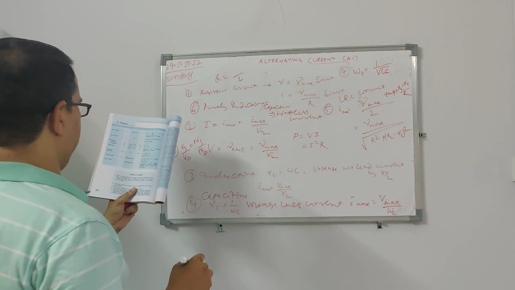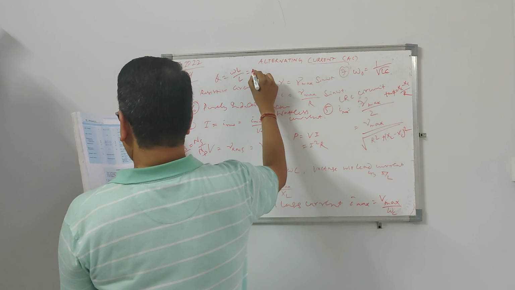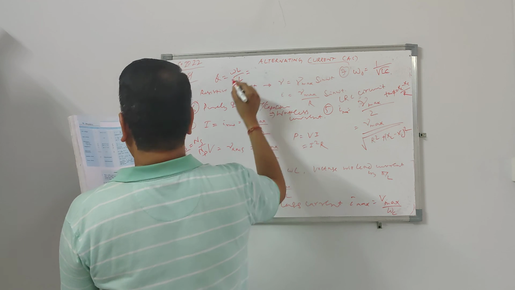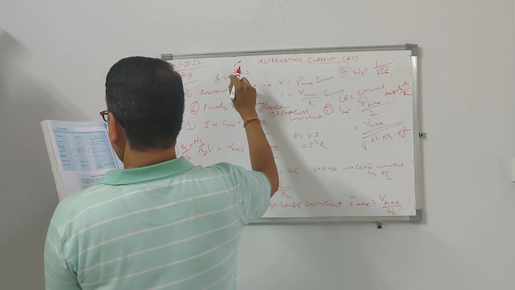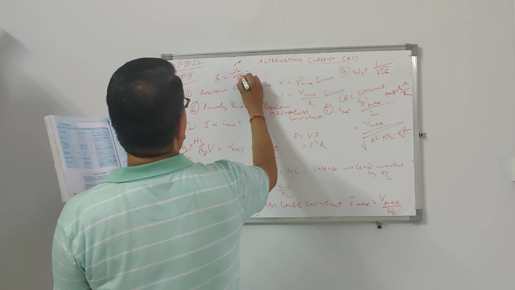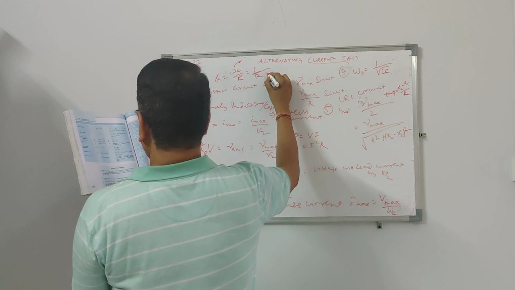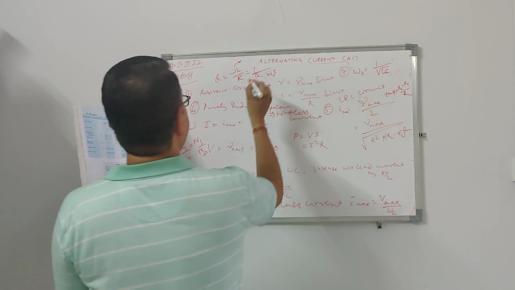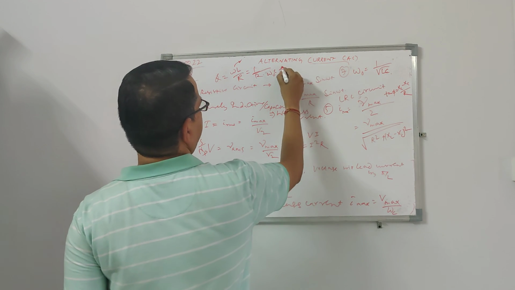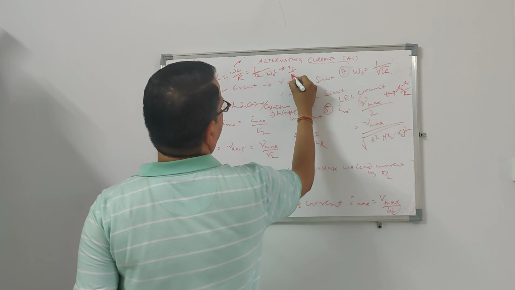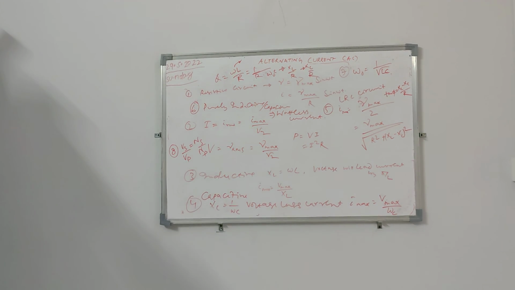In the numerator you will have omega L if it is an inductive circuit, so it is omega L by R, or omega 0 C by R for a capacitive one. So the quality factor is XL by R or XC by R.